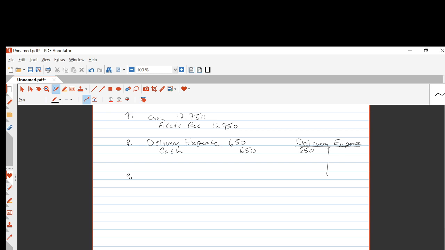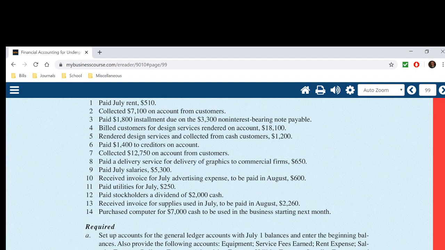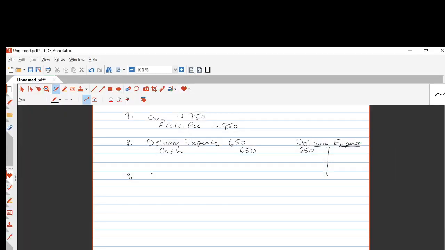So salaries expense or wages expense, salaries expense and cash are the two accounts. Salaries expense goes up. Cash goes down by $5,300. So we have a new T account after this salaries expense we need to set up. And we have cash as well we need to update.